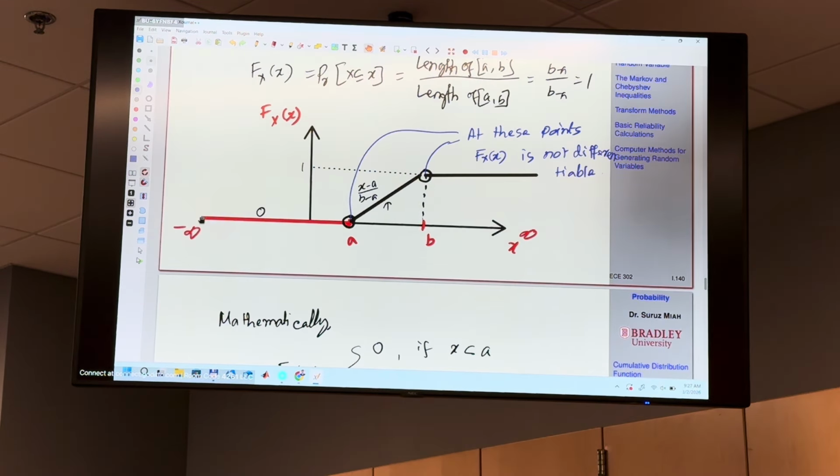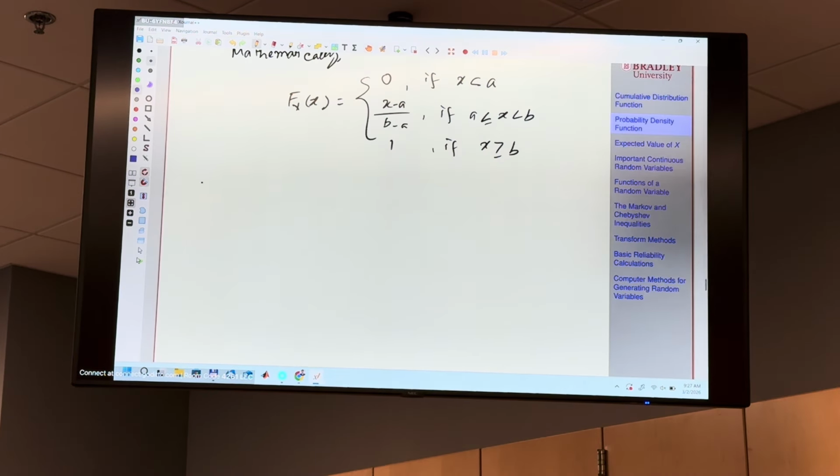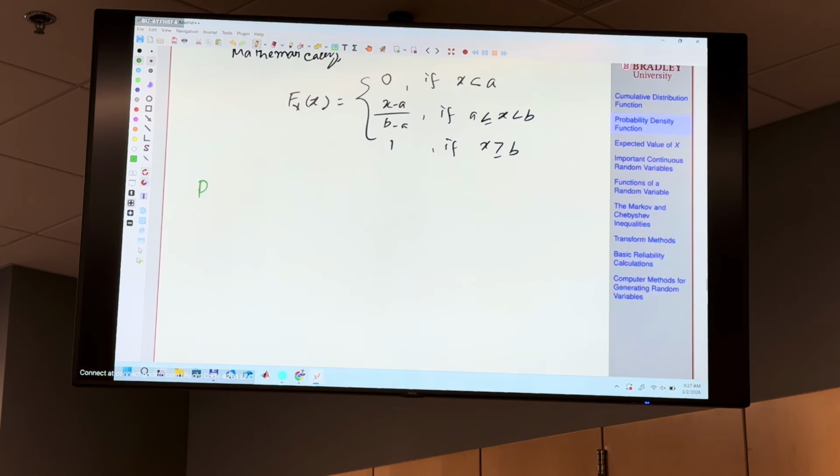The derivative of this constant is 0, and the derivative of this quantity with respect to x is simply 1 over b minus a, and then after that we have 0. So we can write the probability density function.